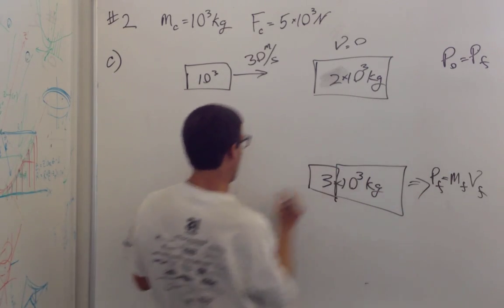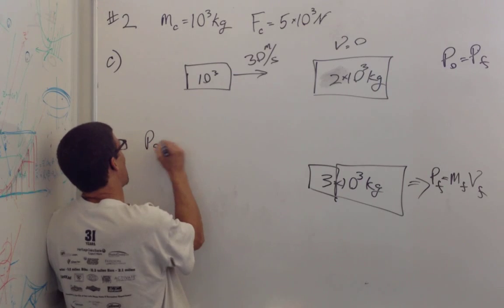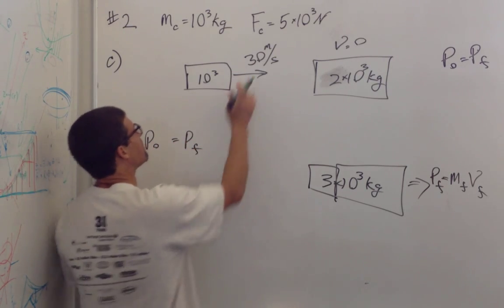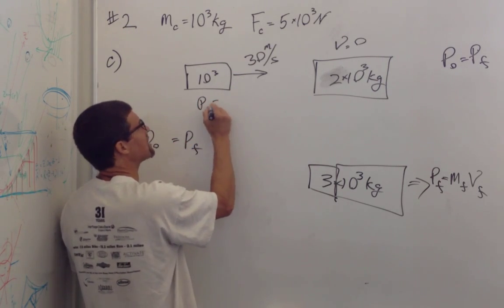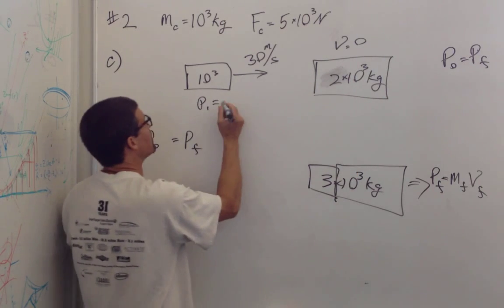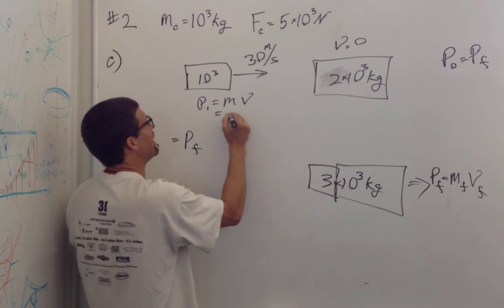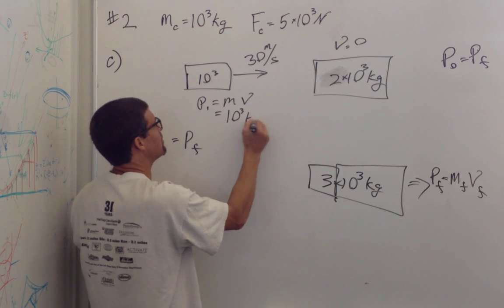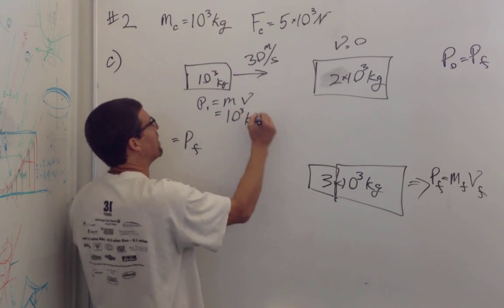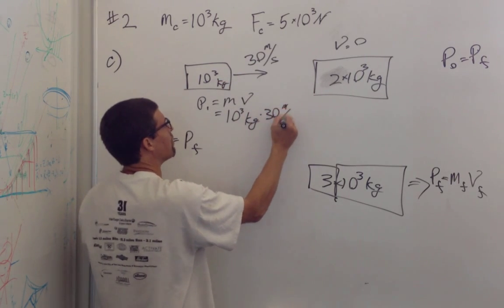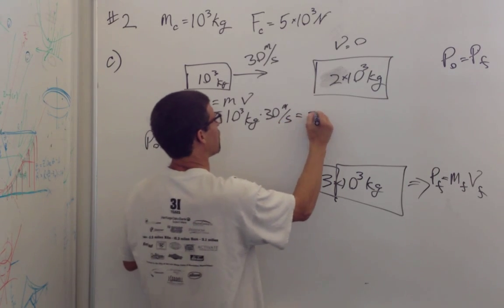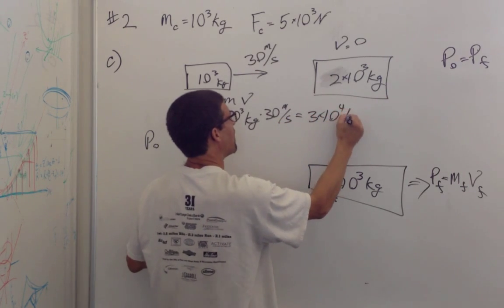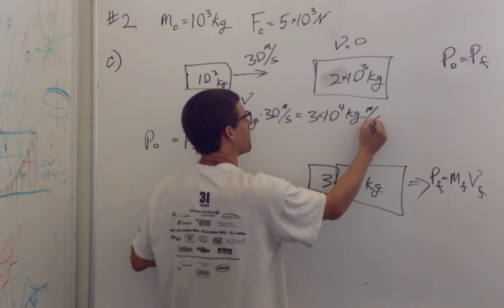So let's find out. We know that P naught is equal to P final. What's P naught? Oh, it's just this guy. This one has no momentum. So this is mass times velocity, 10 to the third kilograms, I forgot my units, times 30 meters per second, which is 3 times 10 to the fourth kilogram meters per second.